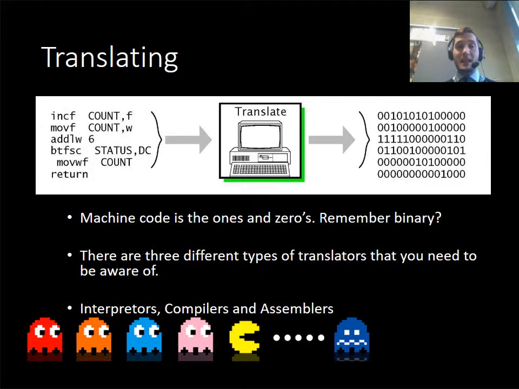So this is an example of the translation that you would see on this slide here. Okay, so you can see what it was originally and what it becomes. So machine code is the ones and zeros, okay, and you need to be aware that different translators do different things, and the translator gets the program from its programming form into machine code so that it will run.